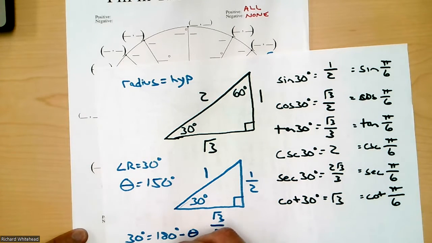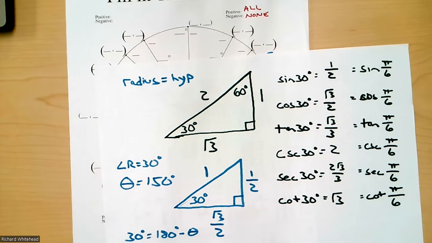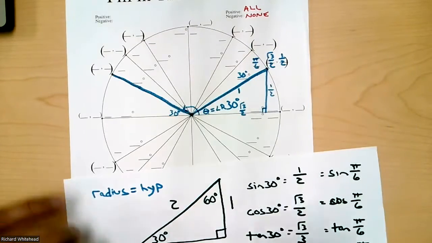So do a little algebra. So theta is 150. And in radians, that would be 5 pi over 6. So we've got to start thinking in terms of radians.